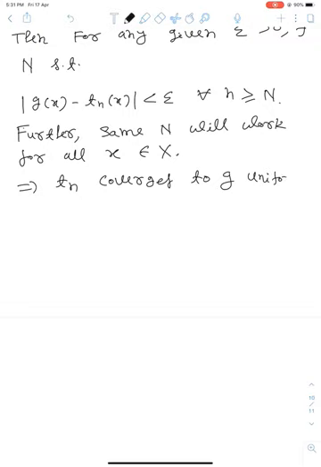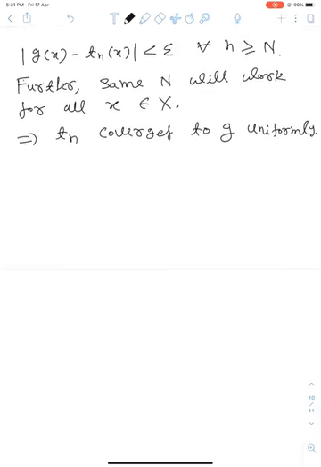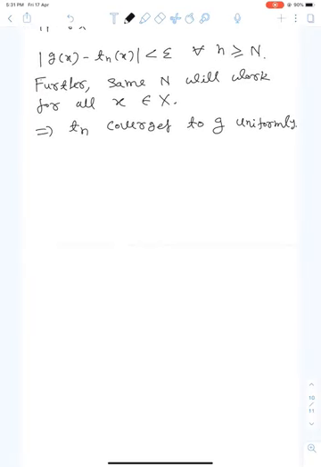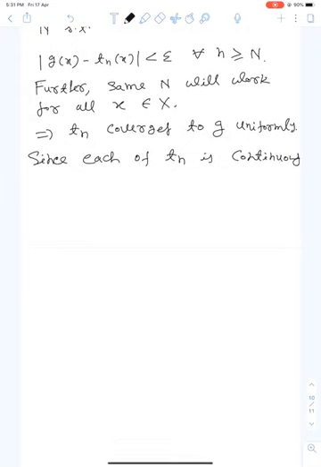Since T_n converges to g uniformly and each of T_n is continuous, so g is continuous. Now since each of T_n is continuous, so g is continuous, right?